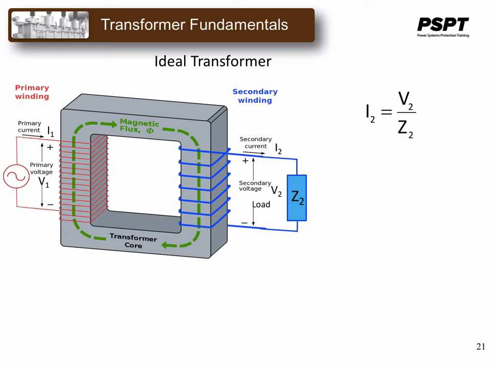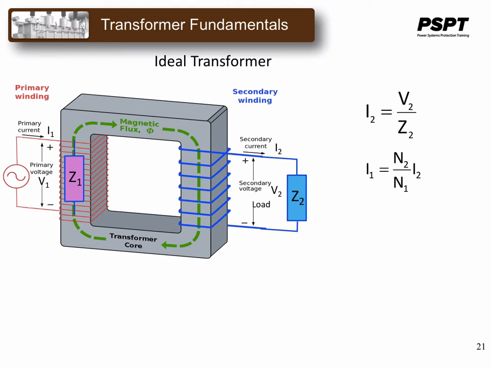And the current can be calculated, of course, by using just Ohm's law, which is I2 is given by V2 over the impedance of the secondary load. But I1 is equal to N2 over N1 times I2.